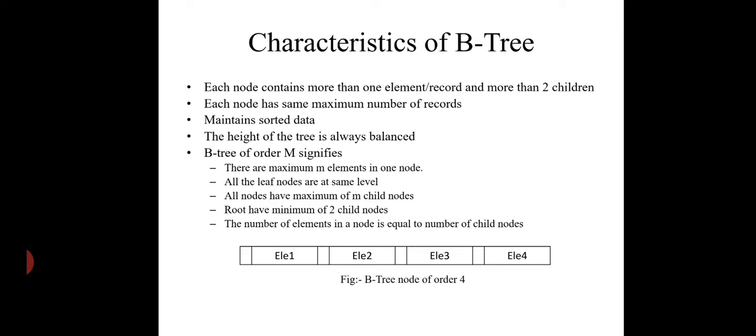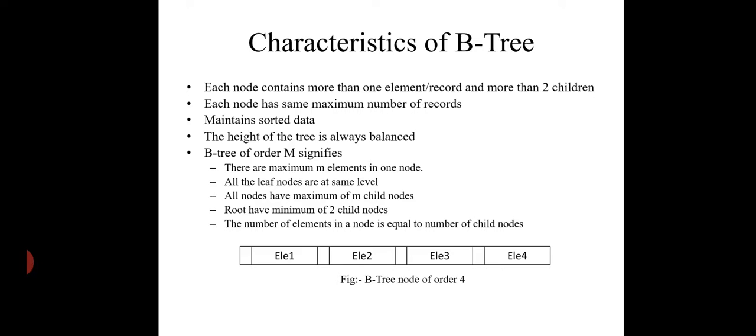Okay, next, each node has some maximum number of records. That means all the nodes of B tree contain a maximum number of records. That means B tree is also called an M order tree, M way order tree. So here order refers to the number of elements in each node. So each node has the same maximum number of records.